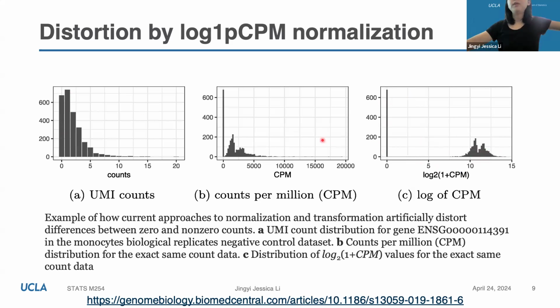Basically, the difference between zero and non-zero is exaggerated by CPM. So that's why they said that we shouldn't use that. This is the authors' opinion. I think this is something good to know. And so the authors are proposing to model the counts directly without normalization to make the data Gaussian-like. Probably you will argue that for this component, Gaussian-like is okay, but how do you deal with the zeros, right?